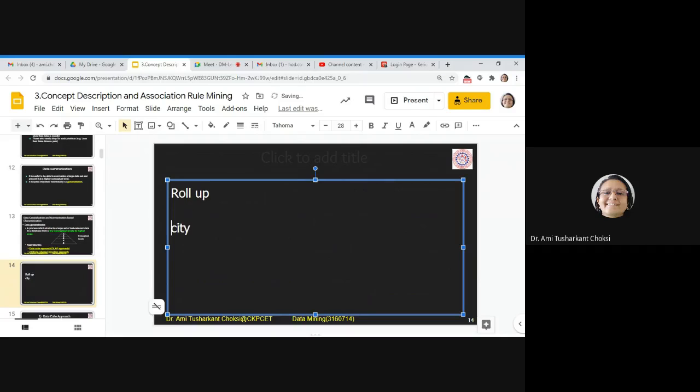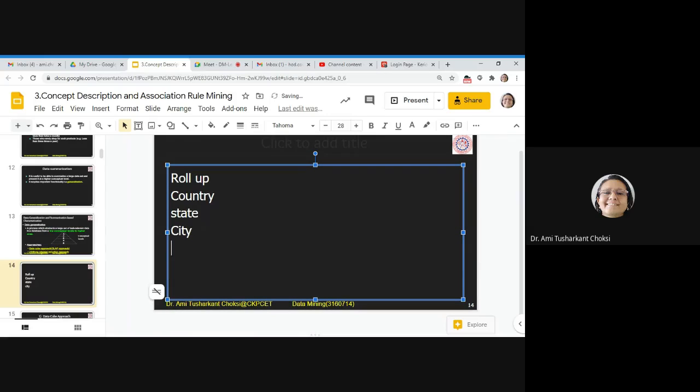Say, suppose we are writing it in this manner: country, state and city. Then roll up means we are going in this particular direction, from city to state to country.